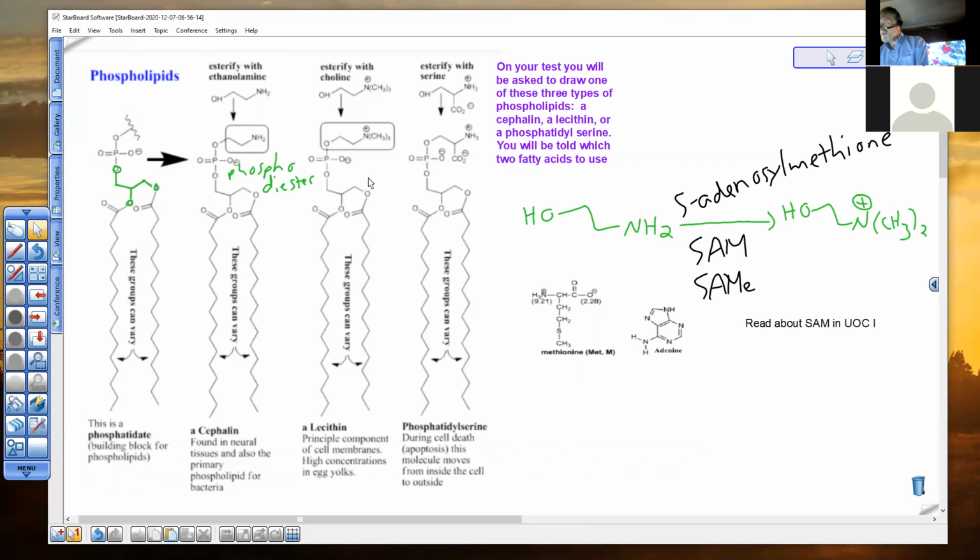Anyway, a lot of talk about how do you get choline. Well, choline's precursor to acetylcholine. And there's enzymes called esterases. And if they work on it, it's called choline.